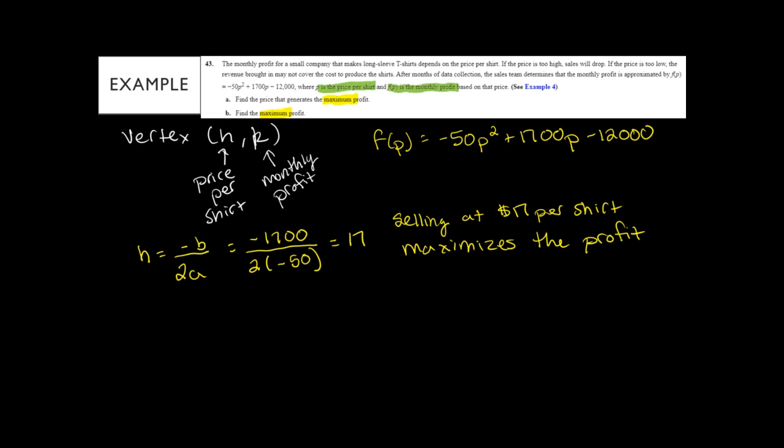And then we want to find the maximum profit. So that is going to be K, which is going to be, we're going to be plugging in 17 into our function value. So it's going to be negative 50 times 17 squared plus 1700 times 17 minus 12,000.